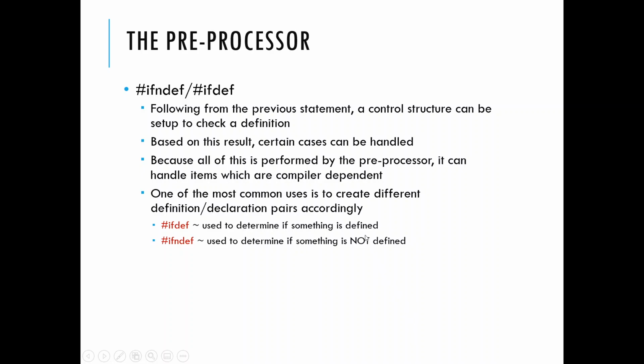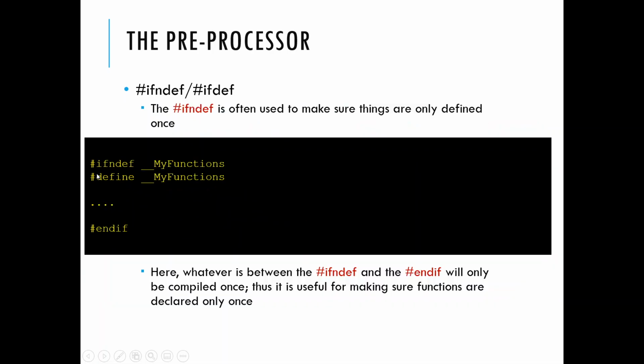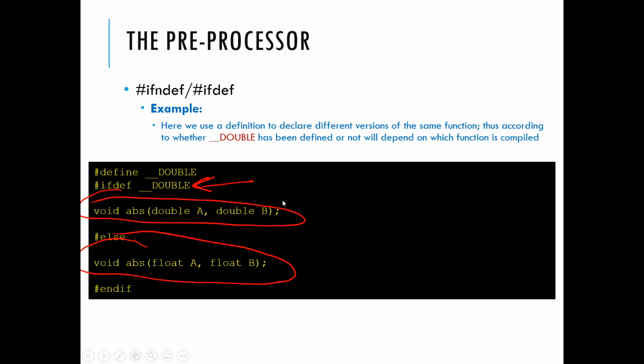So here would be, I'm going to define what double is. If double is defined, then the absolute value of double A, double B is going to work. Otherwise, I'm going to use floats, right? And what I could do is if I just remove that double on the front, then suddenly the absolute value is defined a different way.